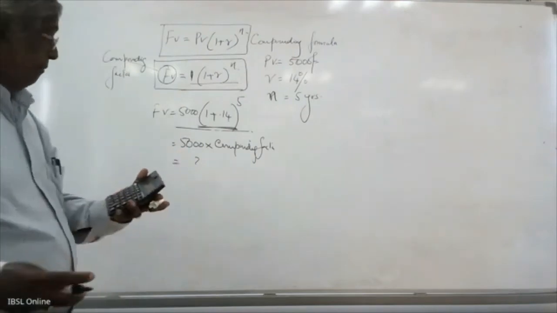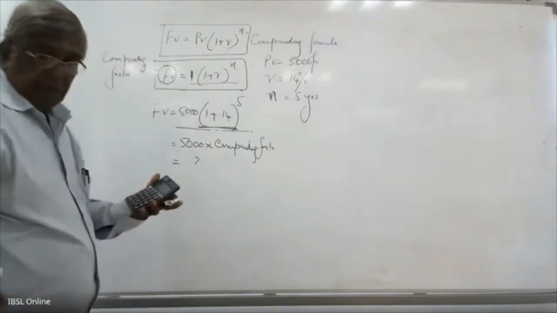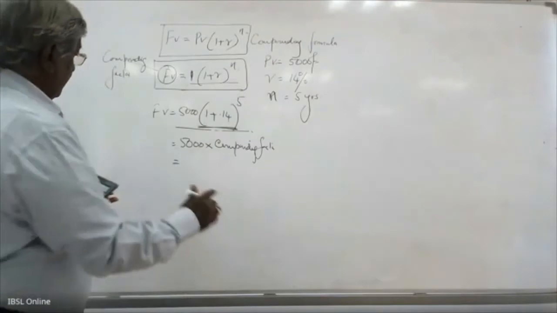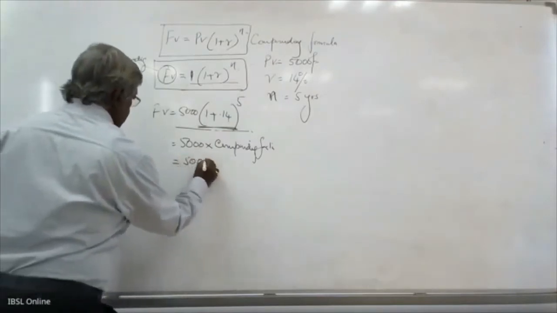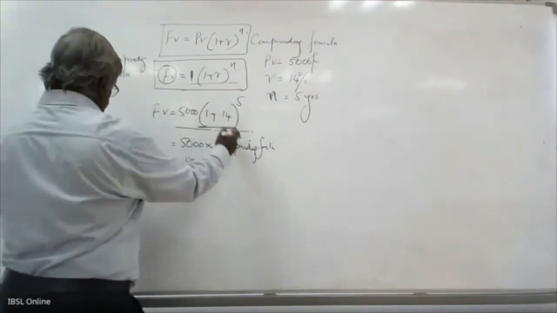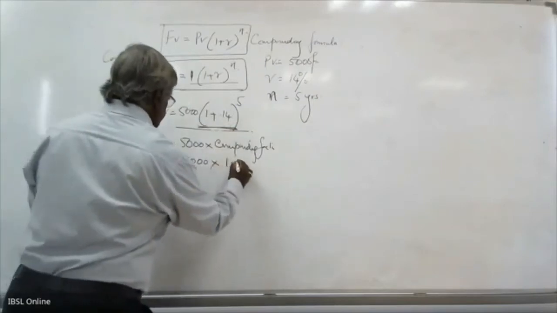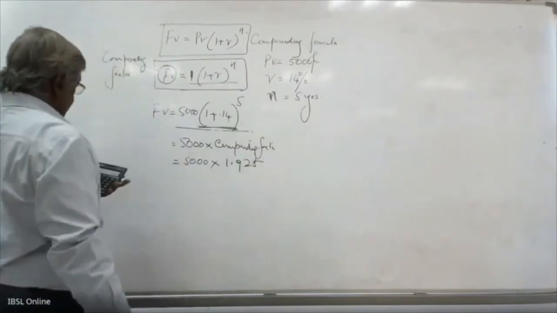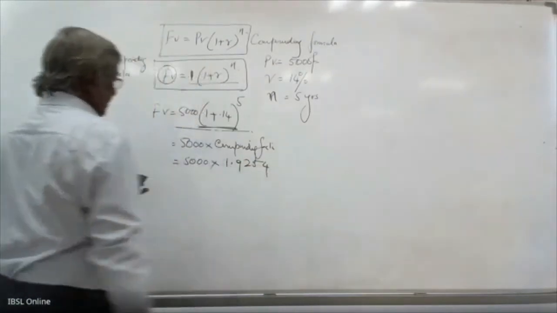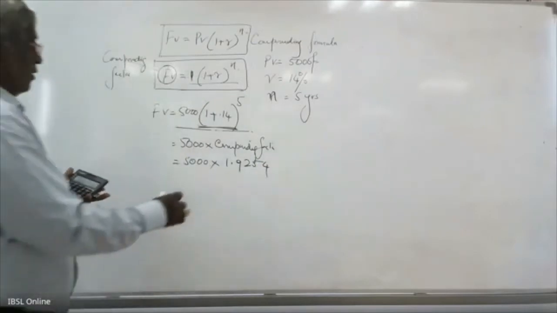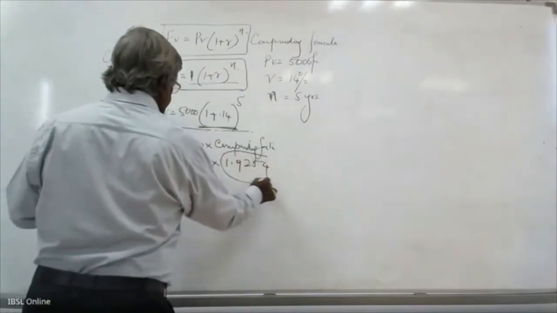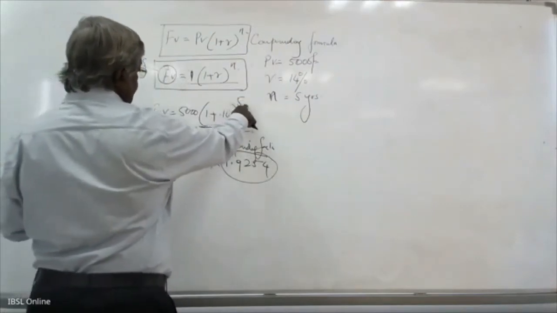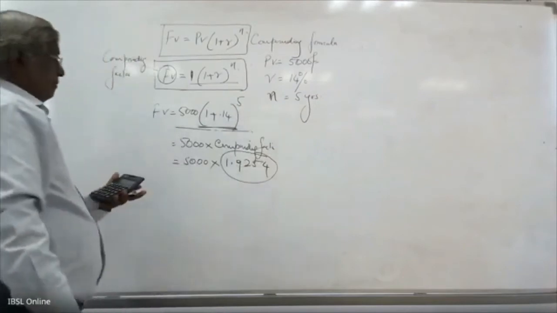So this will be 5,000 into the compounding factor 1.925. Or if you want to take another decimal, 1.9254. This is the compounding factor at a 14% interest rate for 5 years.